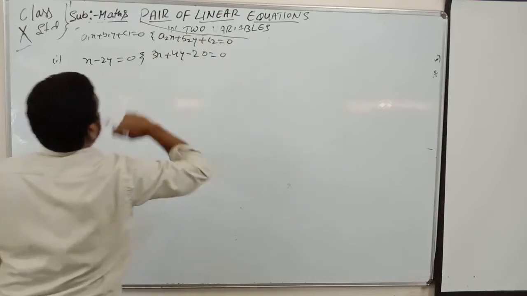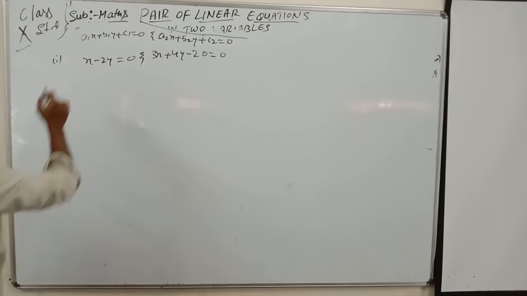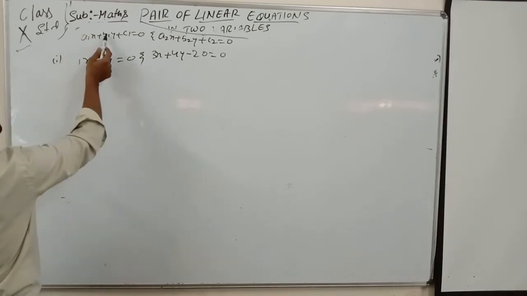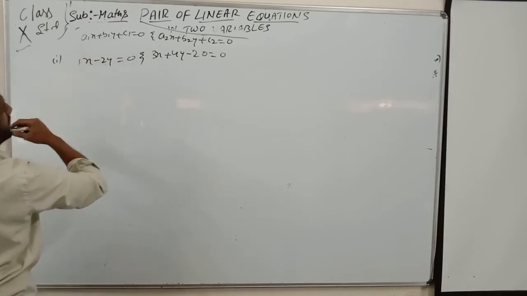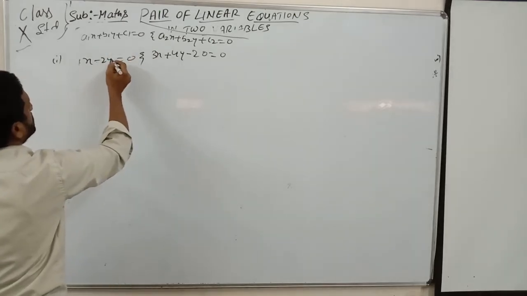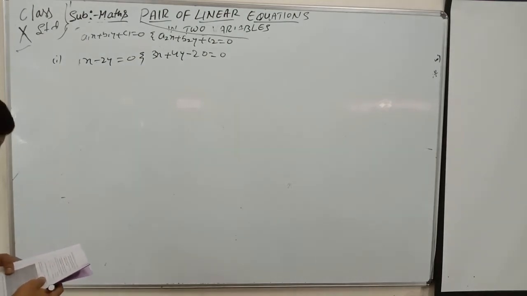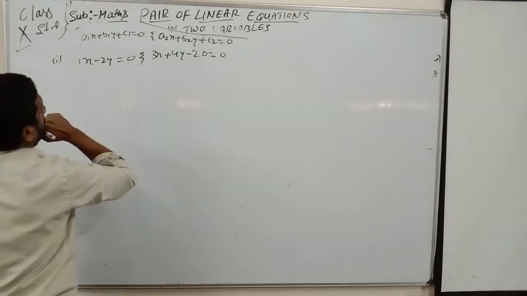Here a1 means the x coefficient, which is 1. b1 is the y coefficient, which is minus 2. What is c1? c1 is not there, so you can take 0.